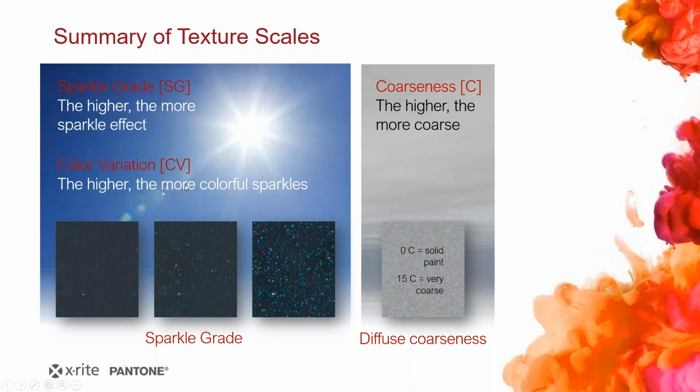And the higher this value gets, the more colorful the sparkles are. Coarseness, 0 is for really a solid paint, and 15 is for very coarse paints, only so that you have an impression about the values and what you receive by measuring panels like this.